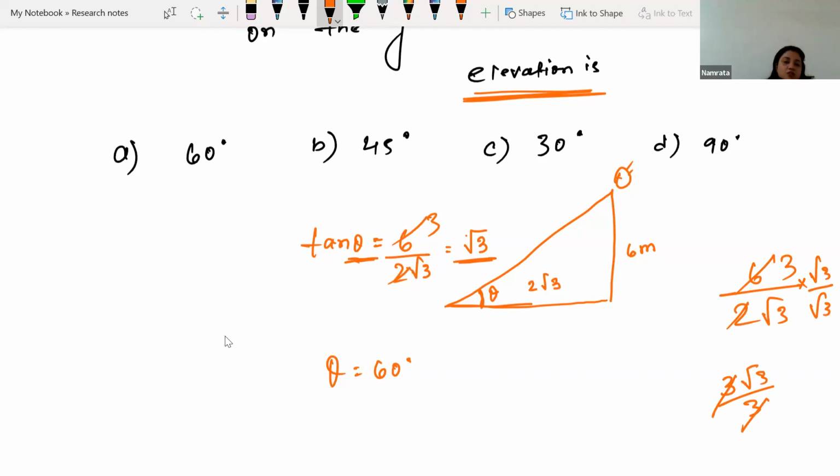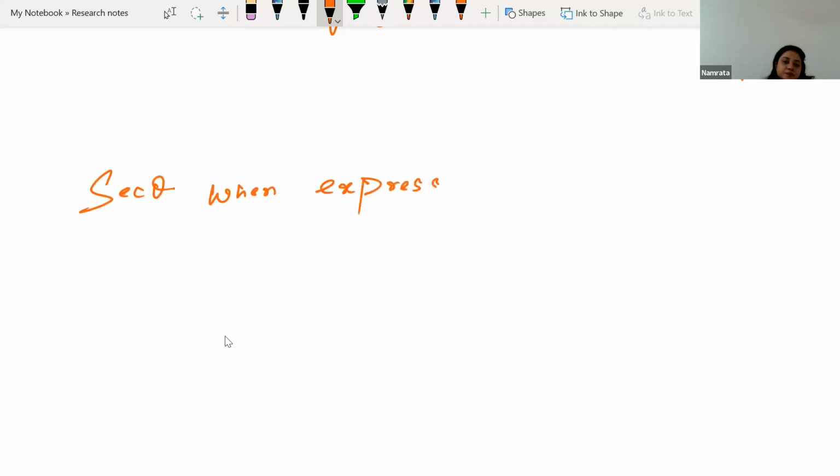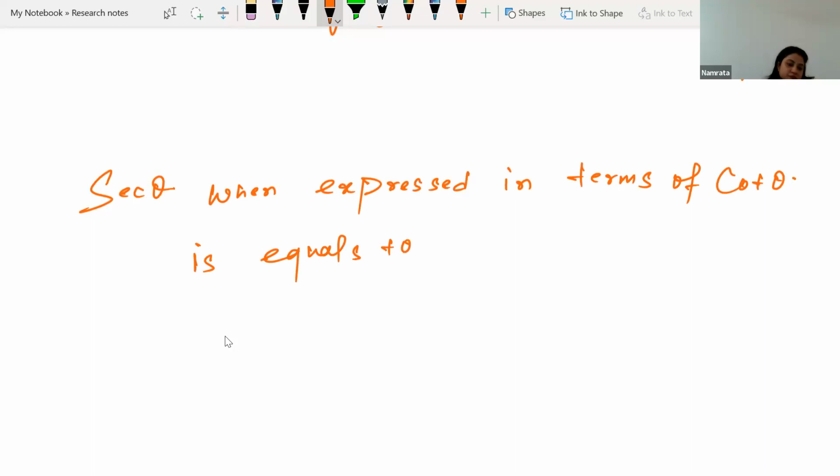Okay. Now the next question is: sec theta when expressed in terms of cot theta is equals to... The first one is 1 plus cot square by cot.